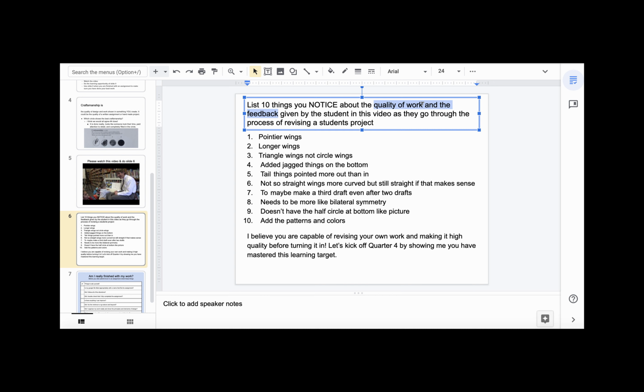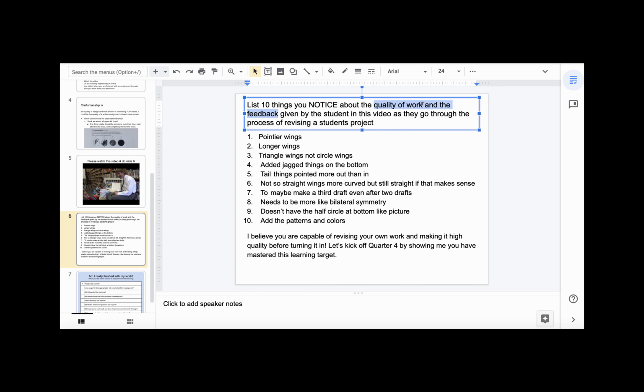That is a specific thing you could take away from the video and apply to another project. If I ask you to design a poster, and you don't know what a poster is, just like he didn't know what a butterfly was, then it's going to be very hard for you to do quality work. You're going to have to research what characteristics are part of a poster. So that was one quality of work feedback I noticed: his first draft was low quality because he didn't research.